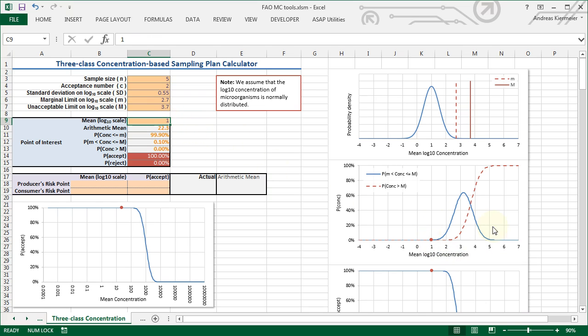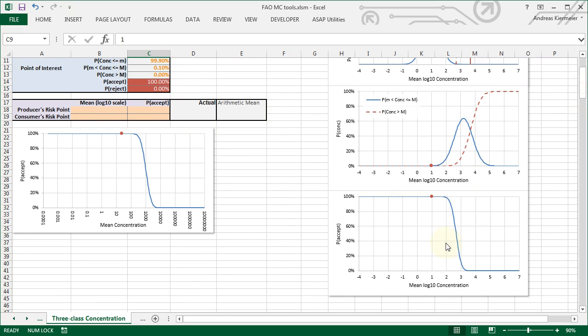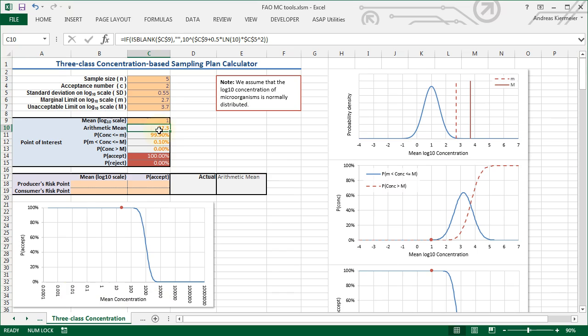And the last curve on the bottom here is the equivalent OC curve, but using the mean log 10 concentration as the x-axis rather than the arithmetic mean that we calculate up here.